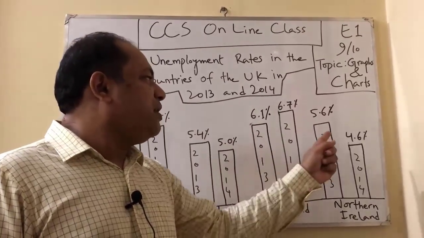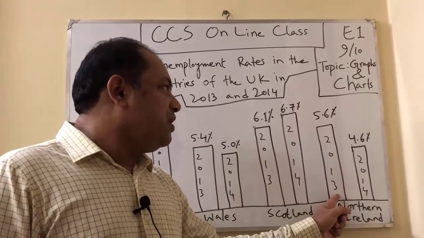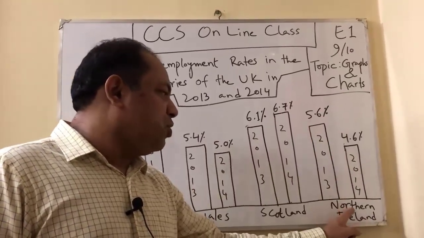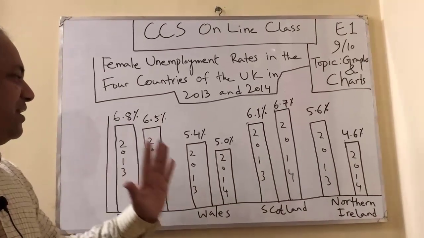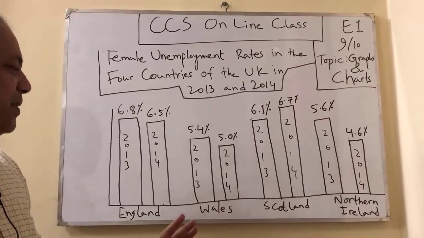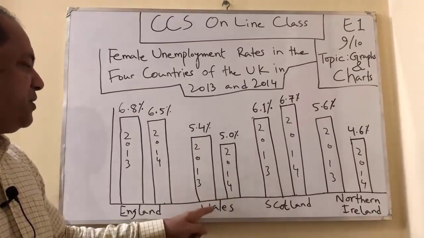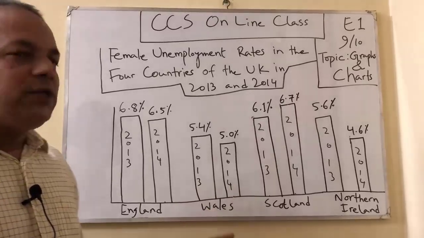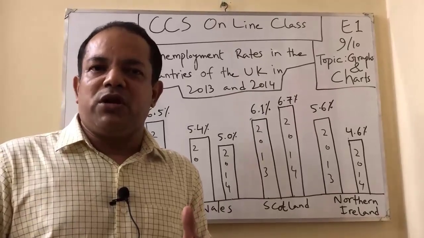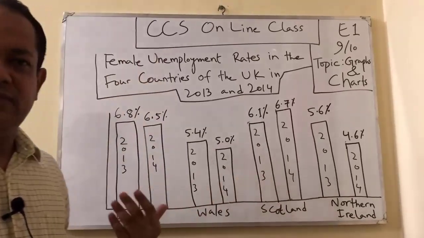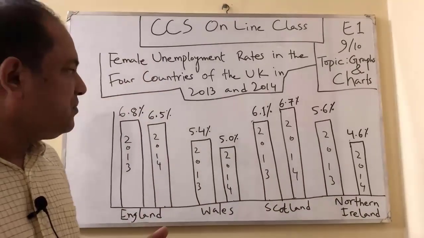The rate was higher in 2013, with 5.6% in Northern Ireland and 5.4% in Wales. Okay, so you can compare these 2 countries with one another in your body paragraph.